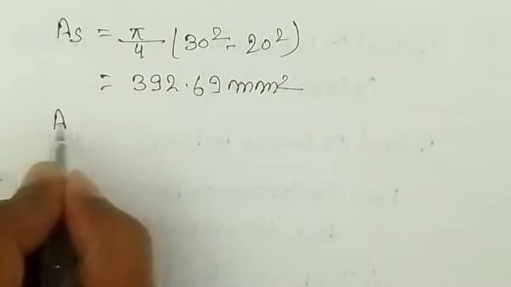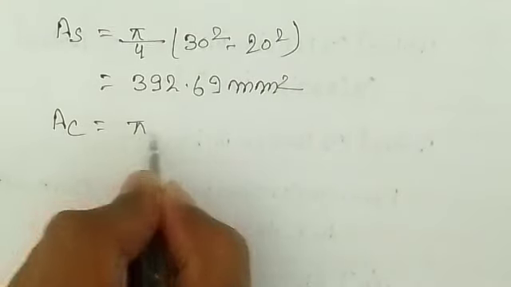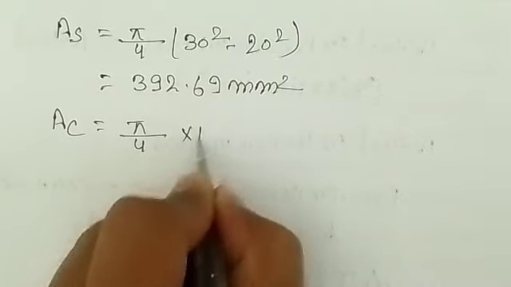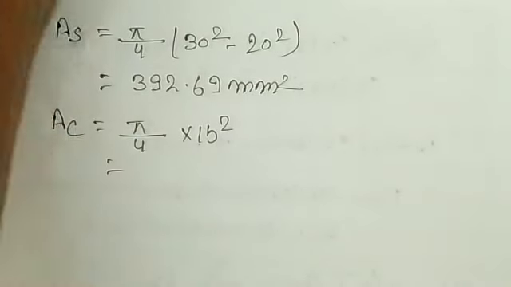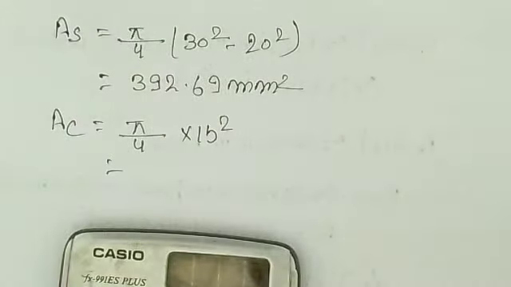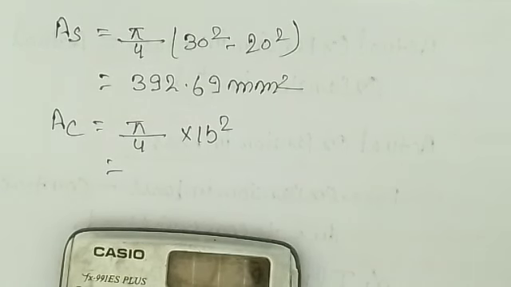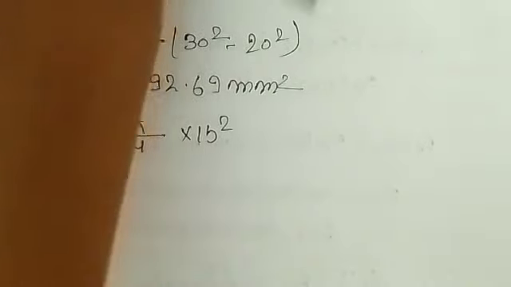And then area of brass, that is copper, is what? Pi by 4 into d square, that d is 15 square. So it is 176.71 mm square.